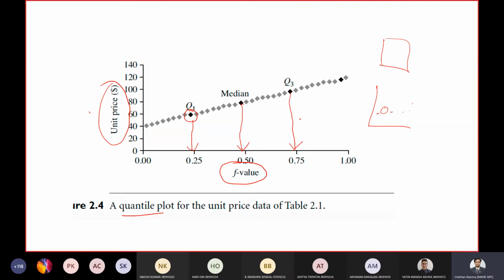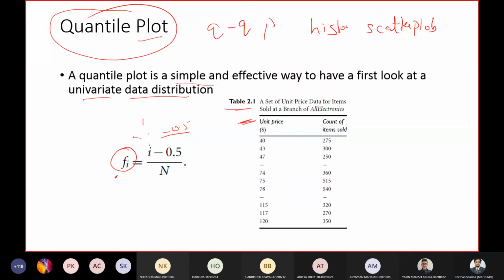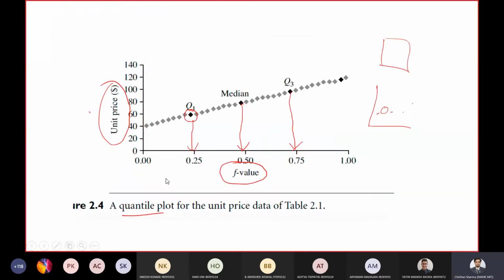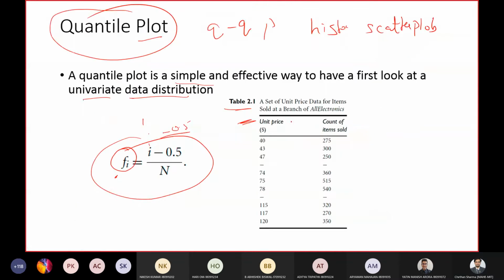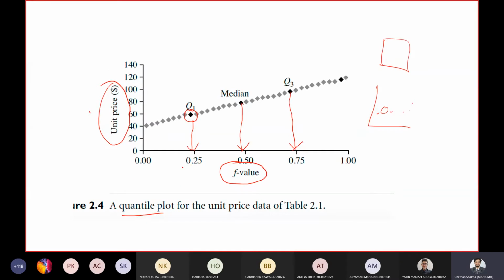you should be in a position to first plot it. For that, you need to know the equation for this f value. You have to first find f for each i, then plot the f value versus the attribute values.